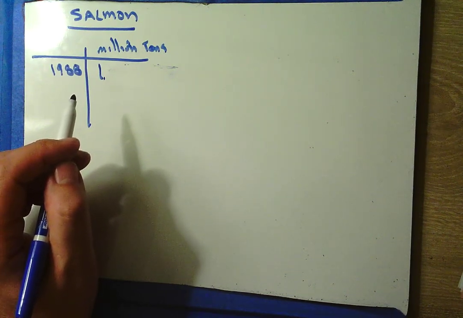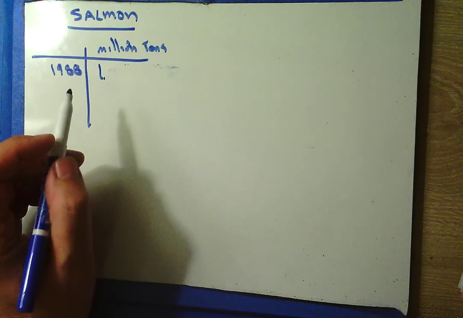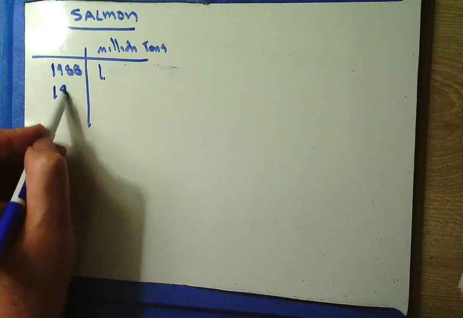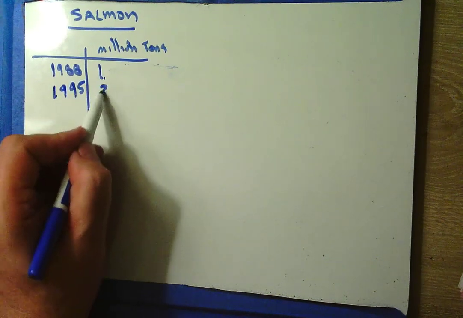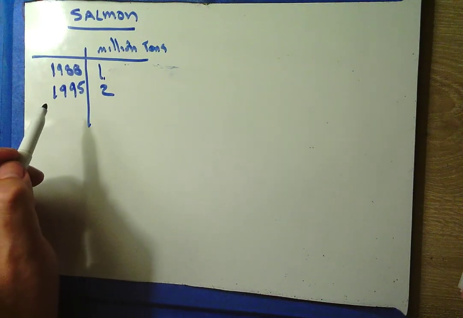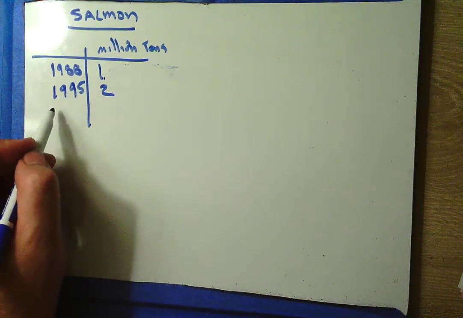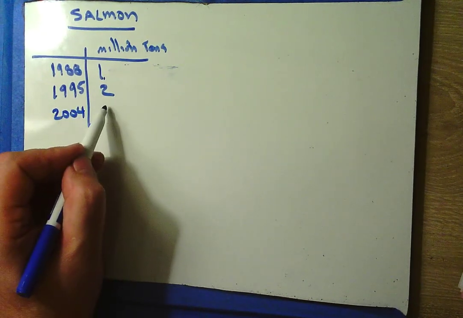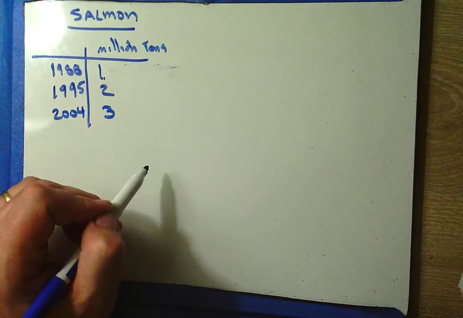That's a million times 2,000 pounds. Okay, then in 1995, we were up to 2 million tons of farmed salmon. And then in 2004, we were up to 3 million tons.